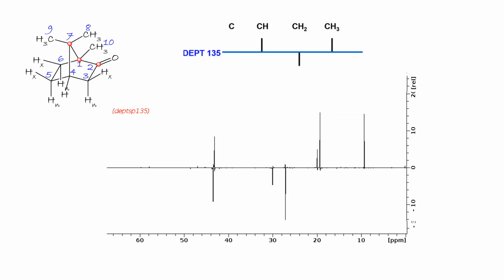Before we leave, we had to check the spectra with the DEPT 135 experiment. We know that in this experiment the CH3 carbons will be positive, CH2 carbons will be negative, CH carbons will be positive, and quaternary carbons will not show up.